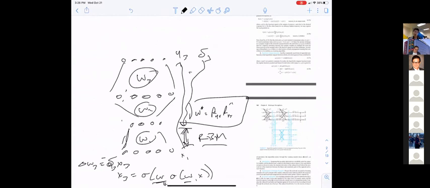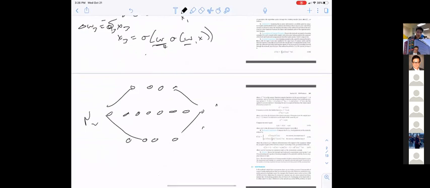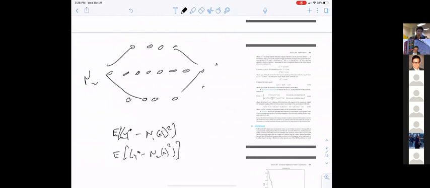Suppose this is network 1 and this is network 2, and I just want to look at the error. I want to look at the expected error of y star minus network 1 of x, and compare that to y star minus network 2 of x. Suppose that equals some error epsilon, and this also equals error epsilon.